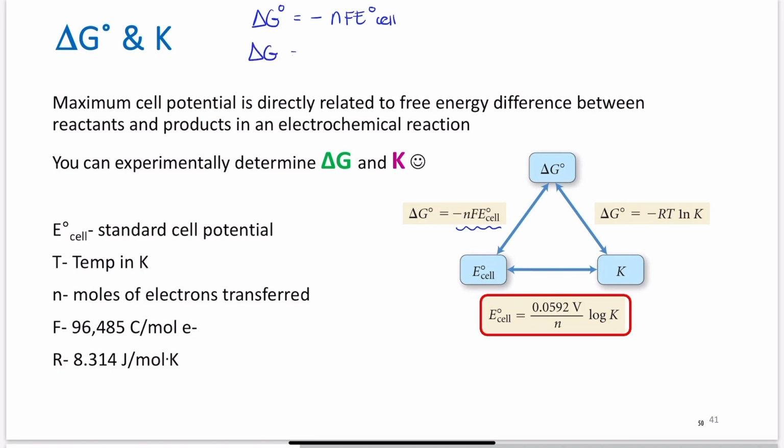If I'm not under standard conditions, I can also calculate this at any potential. So even if I'm not under standard conditions, I can still use this. And again, down here, it's got everything defined. E naught of your cell is your standard potential.